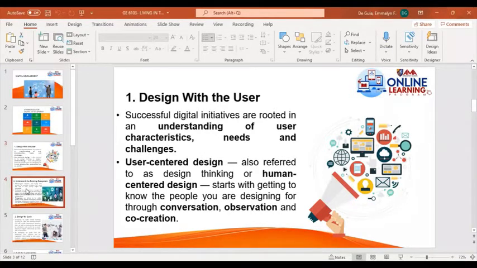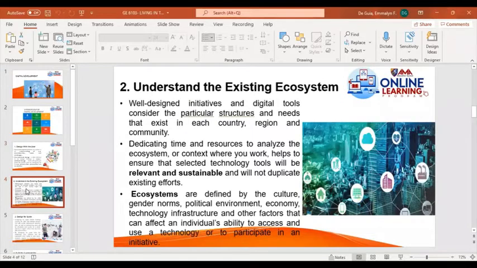The next principle is understand the existing ecosystem. Here we need to understand the norms, the cultures, the economy, the technology infrastructures that exist nowadays, for us to have an idea how to innovate, how to create our own digital tools that would be helpful and, of course, sustainable and will not duplicate the existing ones.